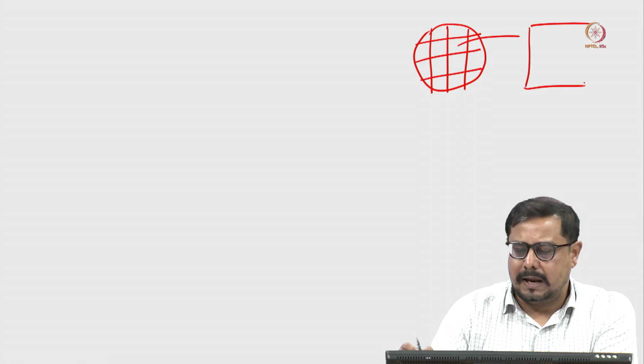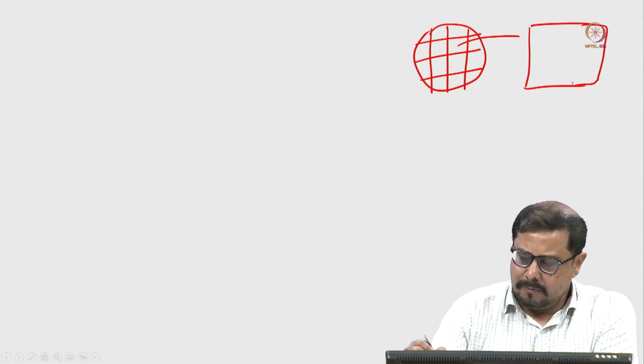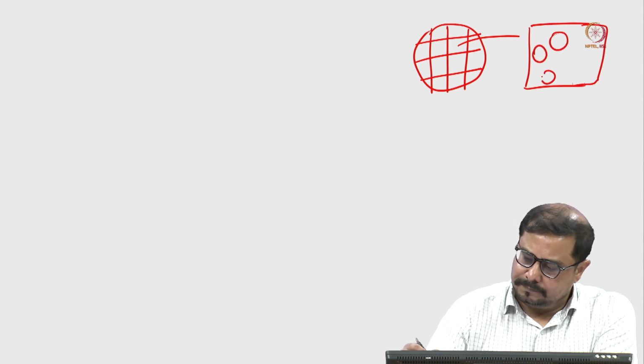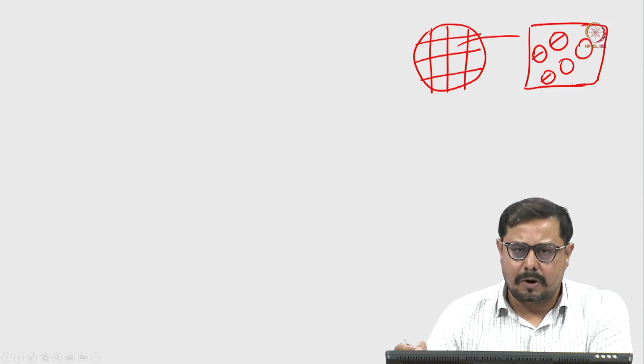So if we have a square like this, and this is our grid, and now we go to an enlarged view of this individual square, we have holes, and those holes have a uniform diameter, maybe either 2 micrometer, 1.2 micrometer, or 0.6 micrometer hole size.